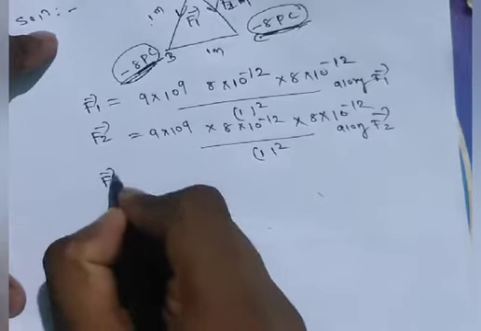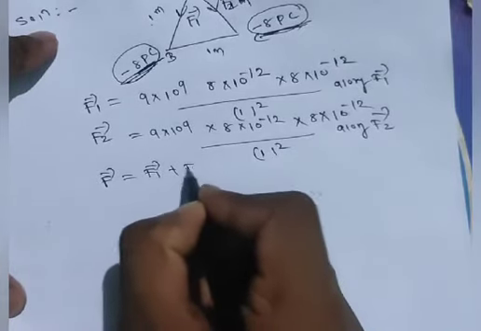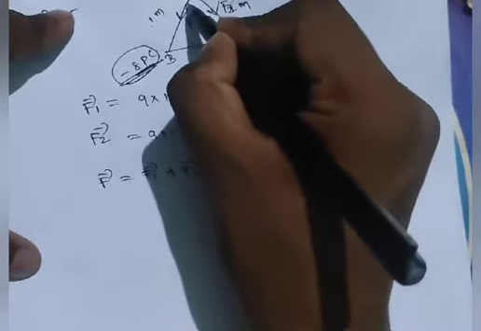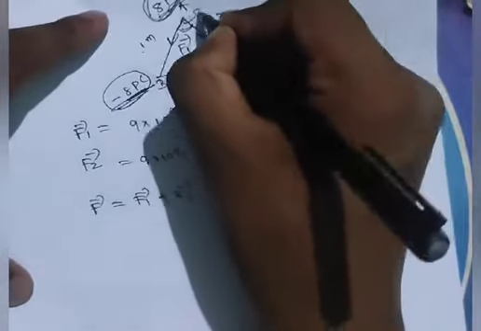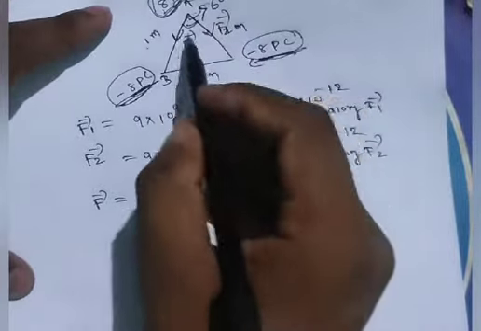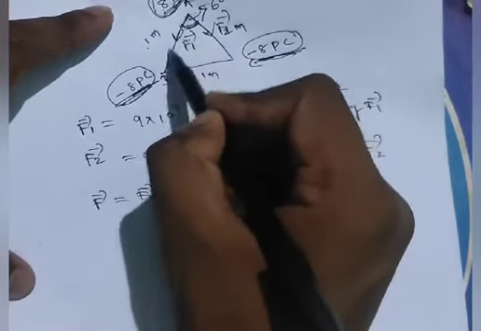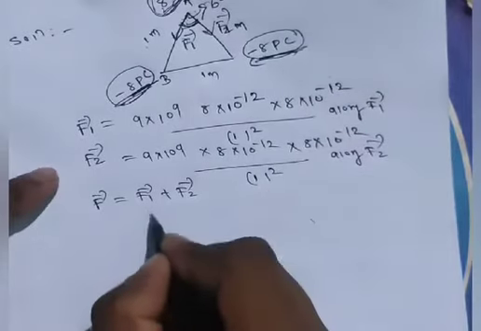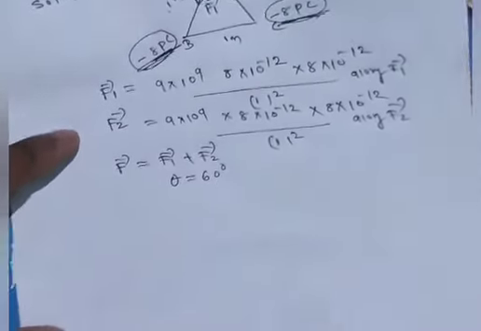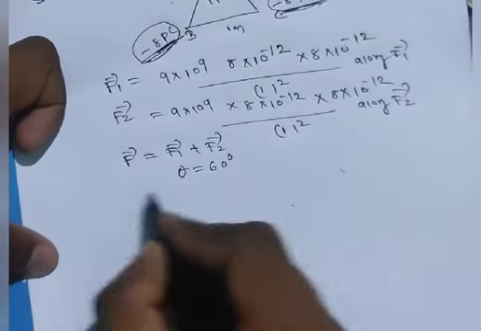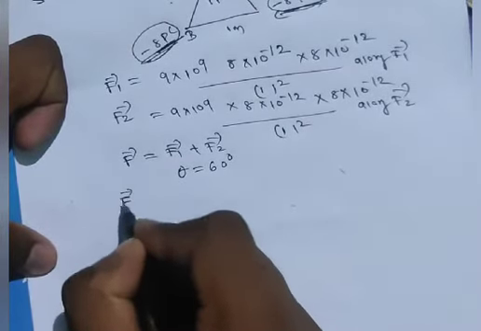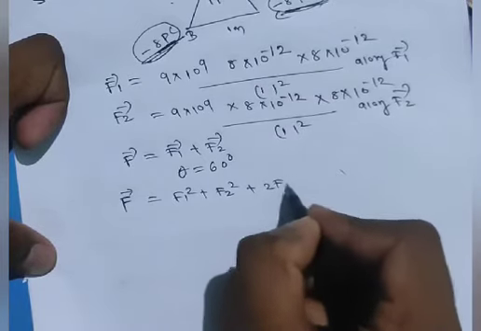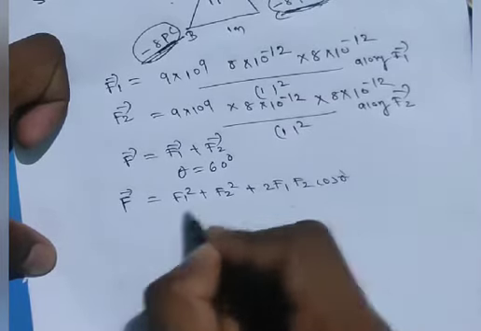That will be the vector sum of F1 and F2, and the angle between F1 and F2 is 60 degrees, because the angle of an equilateral triangle is 60 degrees. So for angle theta equal to 60 degrees, the resultant force according to the vector addition rule will be the square root of F1 squared plus F2 squared plus 2 F1 F2 cos theta.